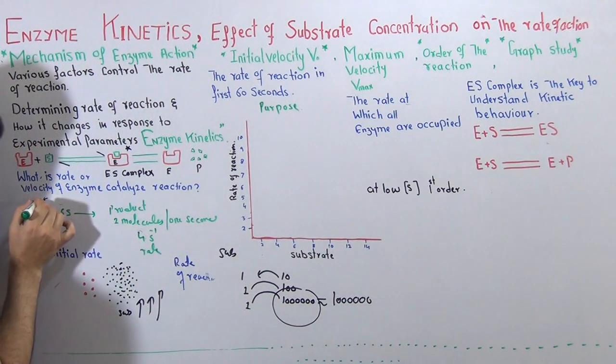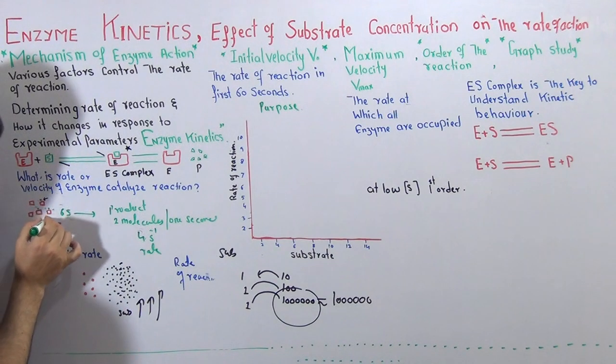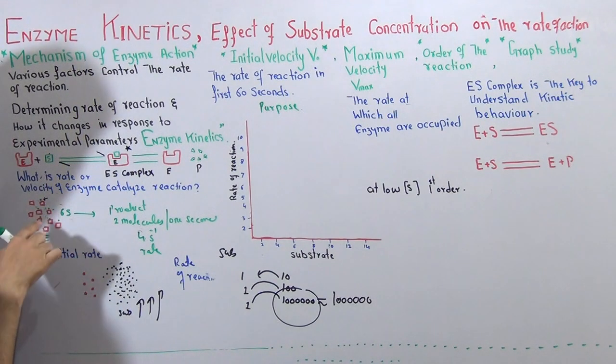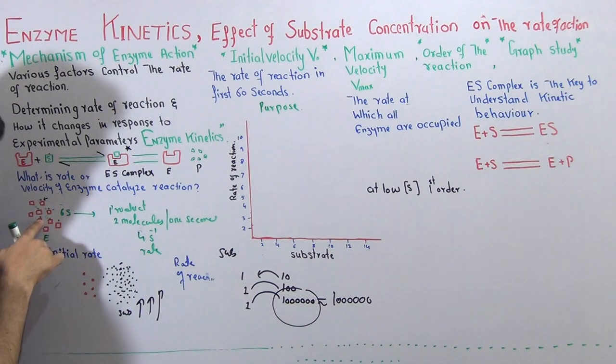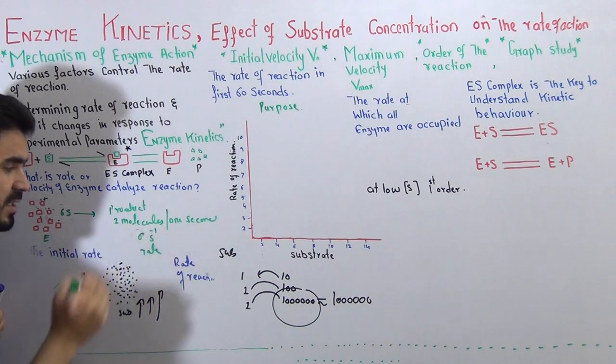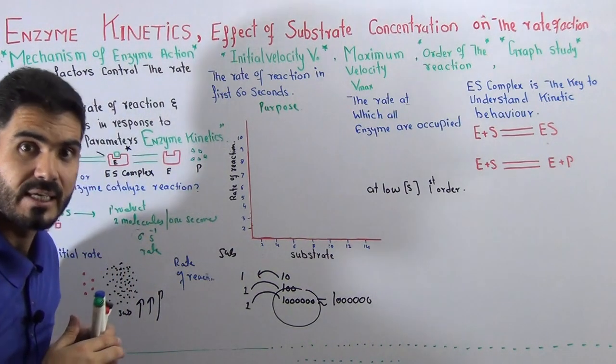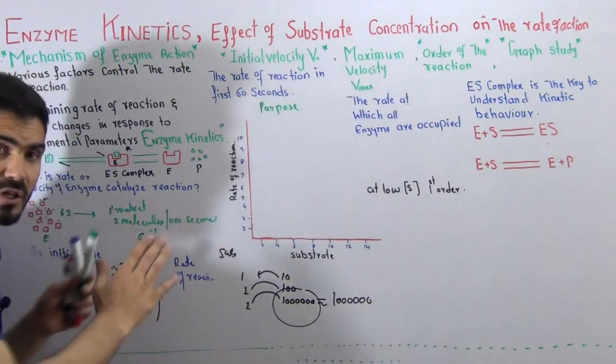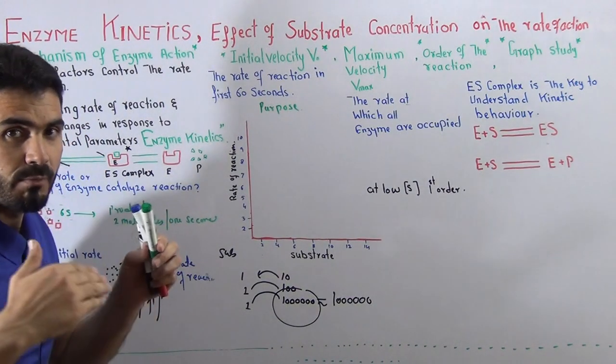One substrate will be attached to this enzyme, another to that, and this and this and that. Out of the 10 enzyme molecules, 6 enzymes will be utilized, 6 substrate molecules will be converted into product, and the rate will become 6 molecules in 1 second.